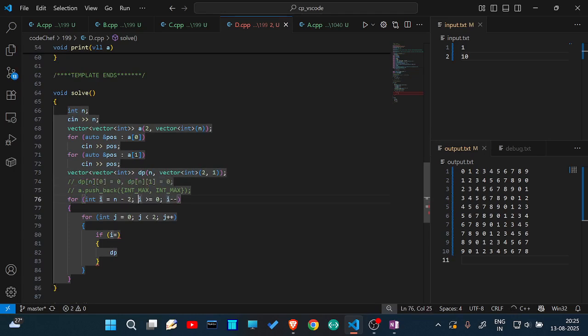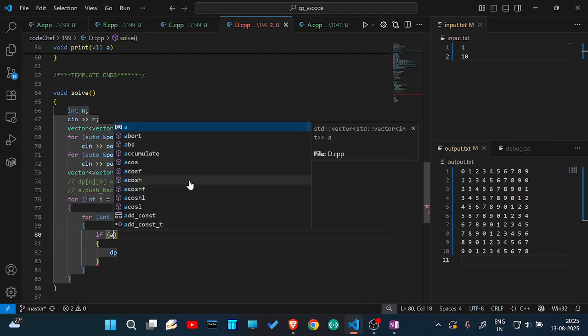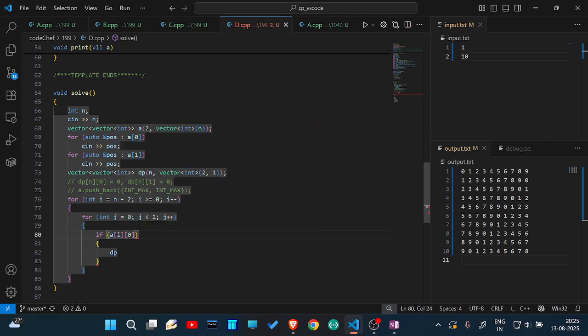Go with n minus 2 and just go with 0, and yeah, a of I comma 0.